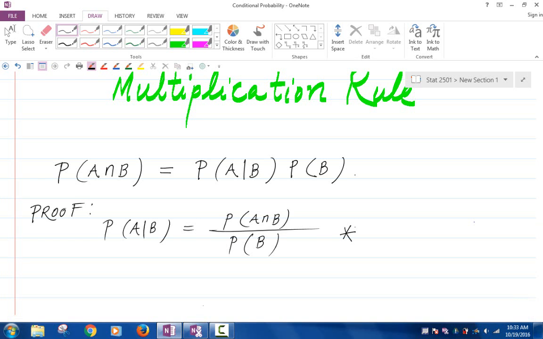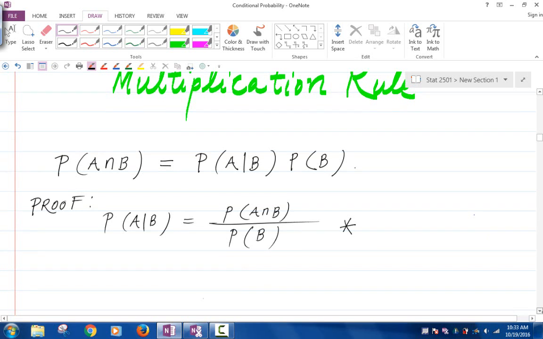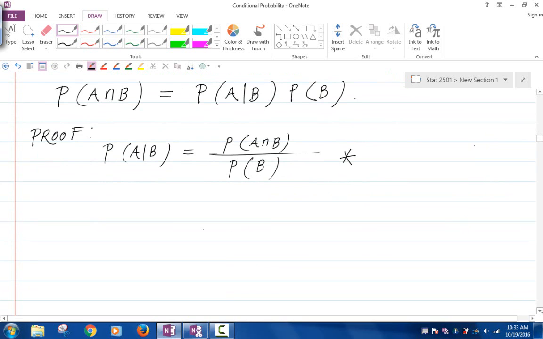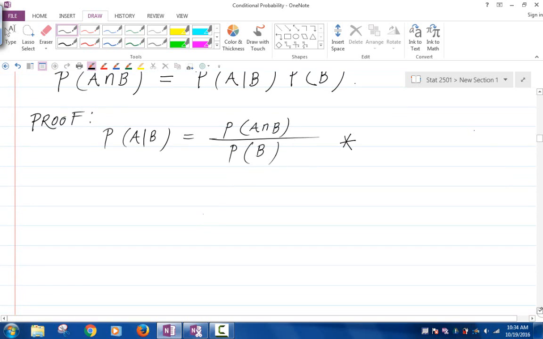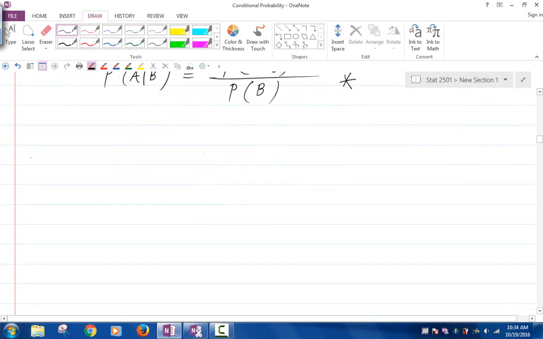Now, as an application of this, let me do an example. How many of you have played with playing cards? 52 cards? Okay. So you know there are 52 cards. How many different suits? And how many different denominations for each suit? 13, right? Okay. So let's do an example.